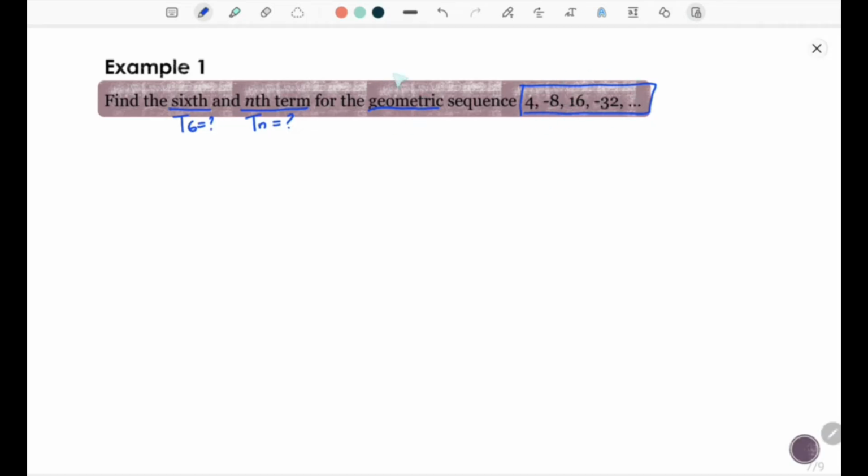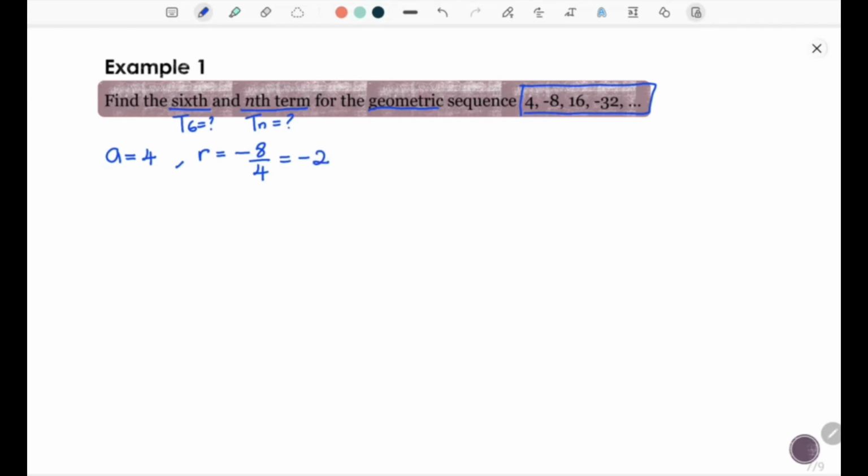Since this is a geometric sequence, you must have the common ratio r. First, we take out the first term, which is a, equal to 4. And to find r, you can use, for example, the second term divided by the first term. So we have -8 divided by 4 equals -2.